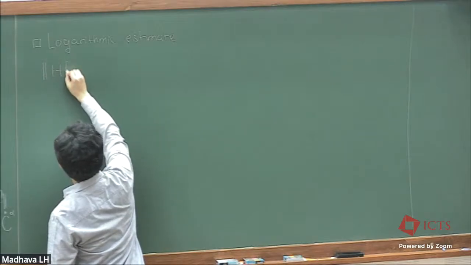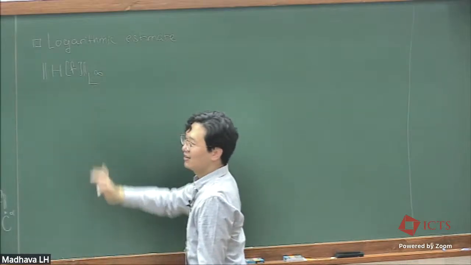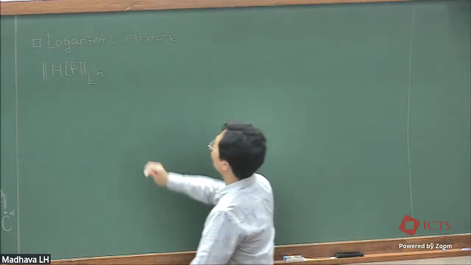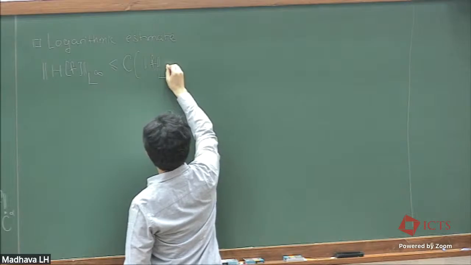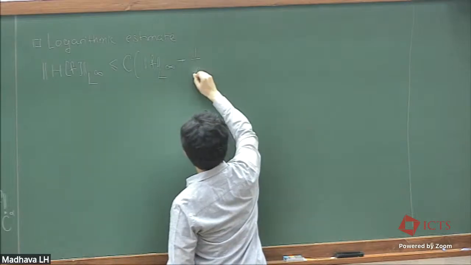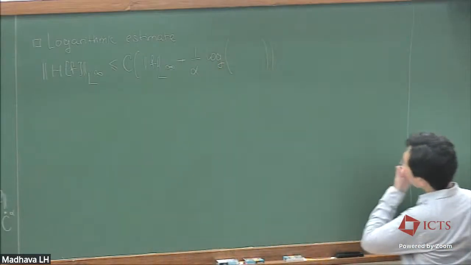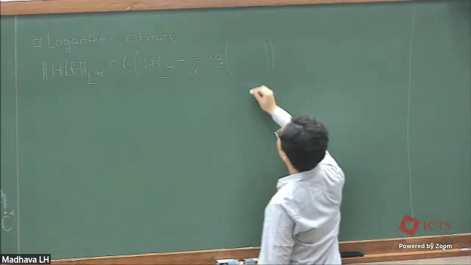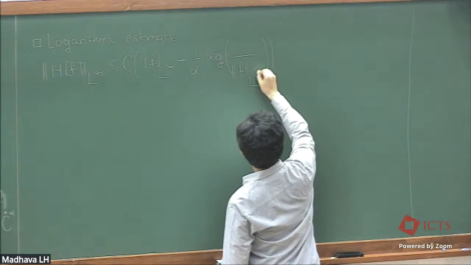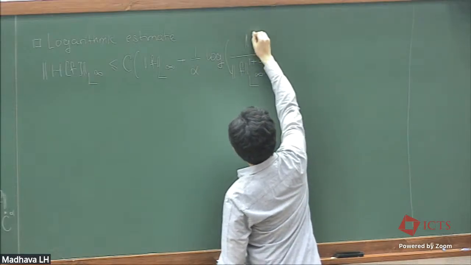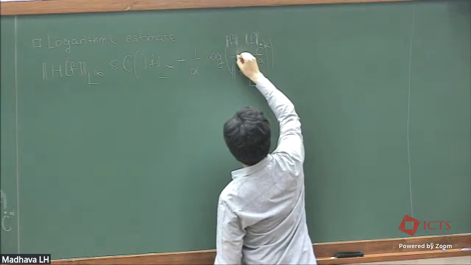So here is the bound at infinity, and actually C0 is bounded by some constant times the norm of f at infinity plus 1 over alpha times log of something, with the norm of f at infinity to the power 1 plus alpha, the homogeneous C alpha norm of f, and the L1 norm of f to the power alpha.